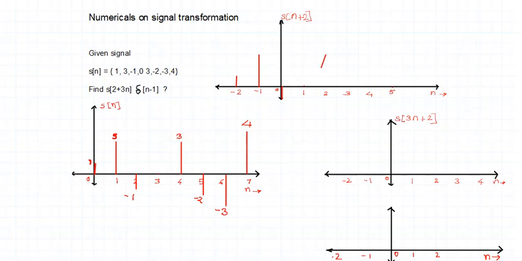I'll draw the next sample at this position, then -2. Simply go on drawing the samples one after the other. That gives you your shifted signal. Then there is -3, and then there is 4. So you can see that the last sample automatically appears at 5.